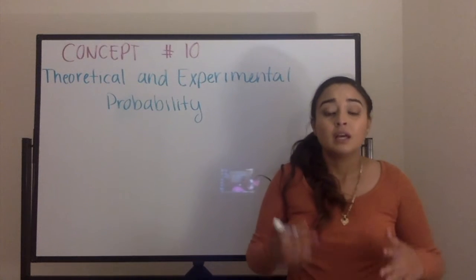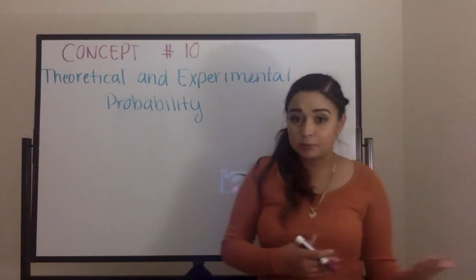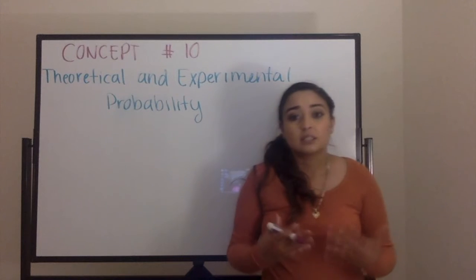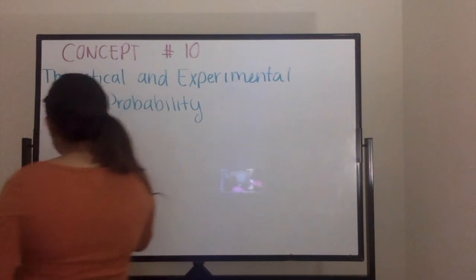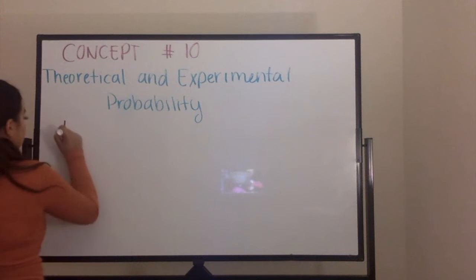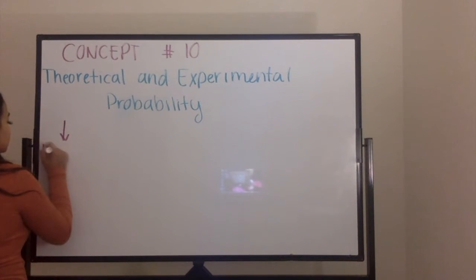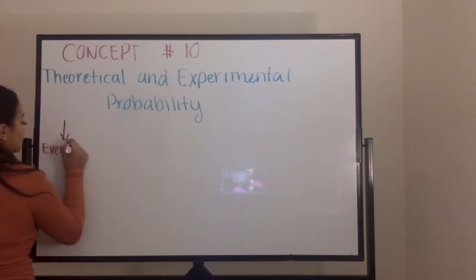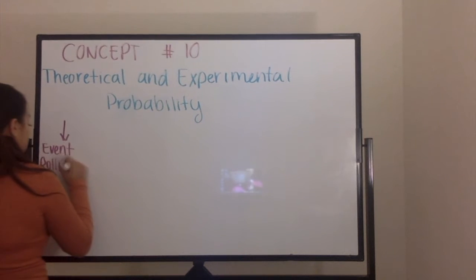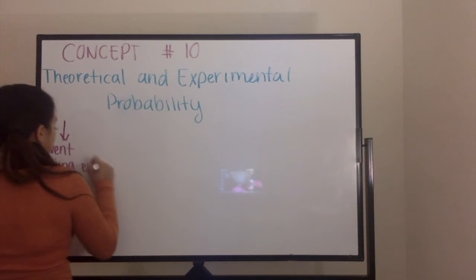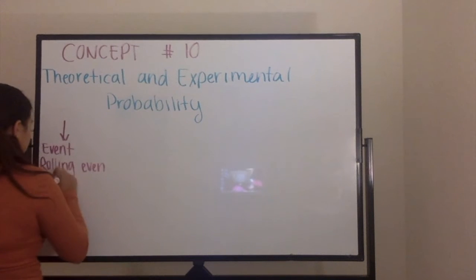The event, like I mentioned before, is rolling an even number. So first things first, identify our event. The event is rolling even numbers.